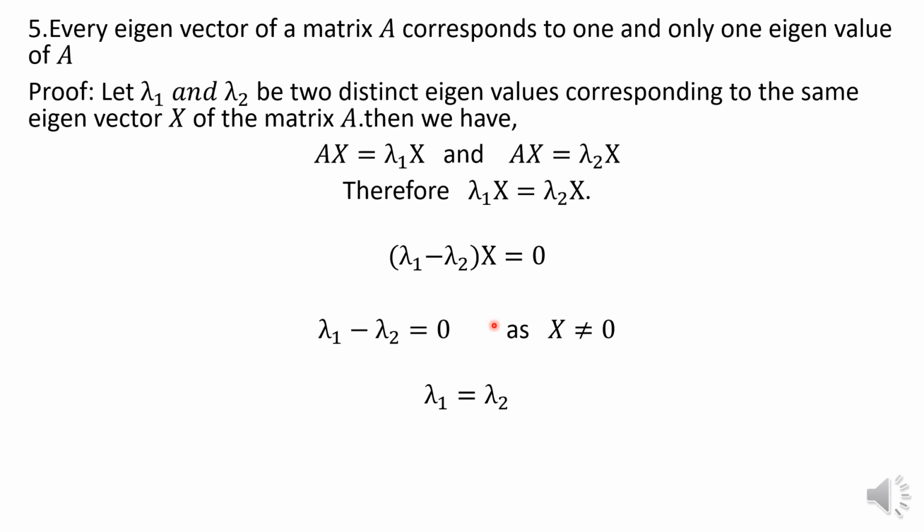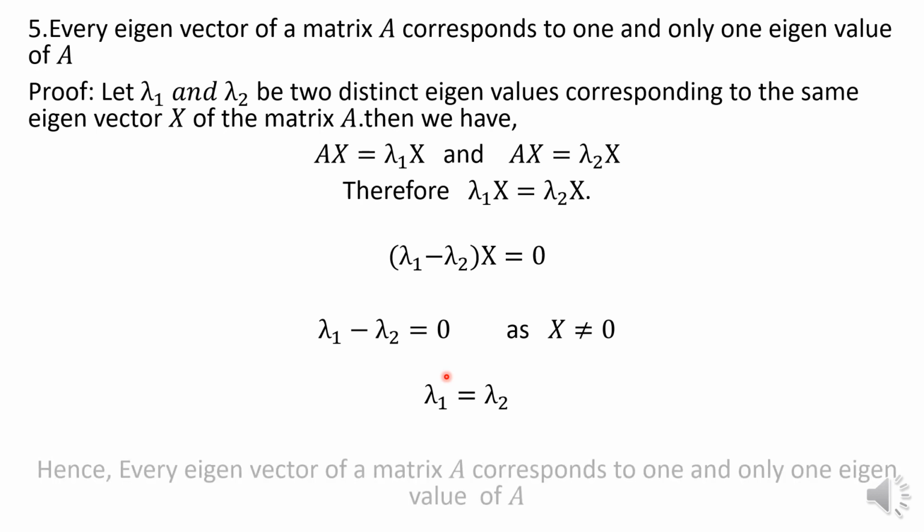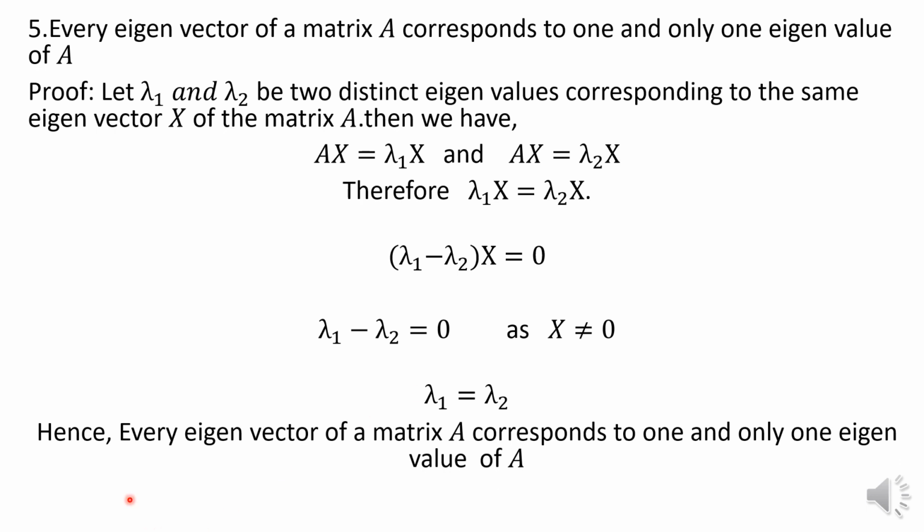We took two different values lambda 1 and lambda 2 as the eigenvalues, and finally we have shown that those two are the same, which means that the eigenvalues are unique. This is the proof of this property of eigenvalues. Hence, every eigenvector of a matrix A corresponds to one and only one eigenvalue of the matrix A. Now we shall see the next property in the next slide.